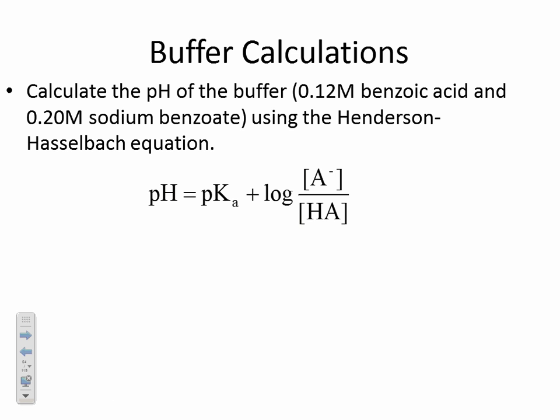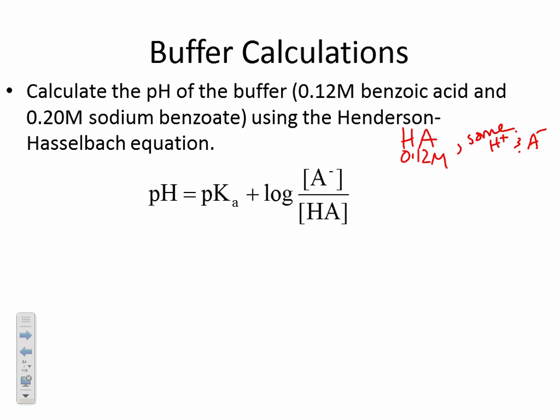Thinking about what we have in solution, we have some benzoic acid. I'm just going to call that HA because I don't know the formula for benzoate, and sometimes you don't need to know it. We have 0.12 molar of it, and you also know you're going to get some H plus and A minus. This is me making my list of ions, some H plus and A minus dissociating off the HA, but we assume that we start at 0.